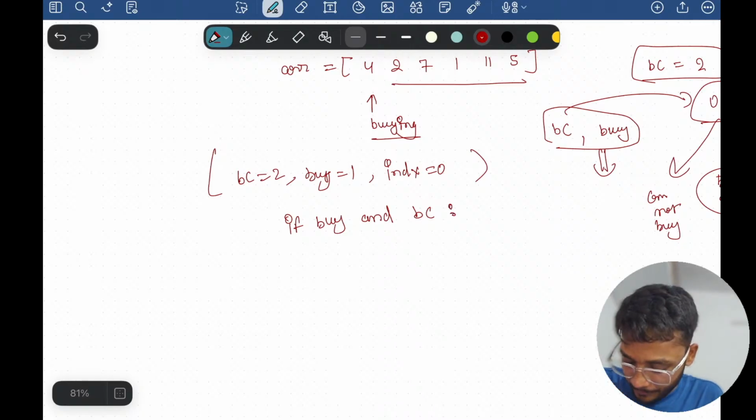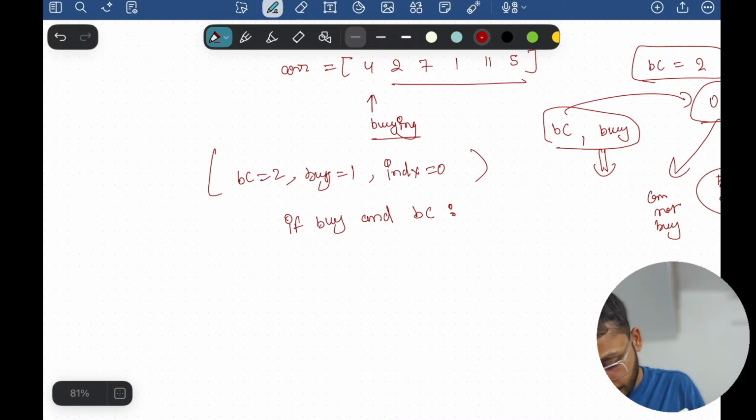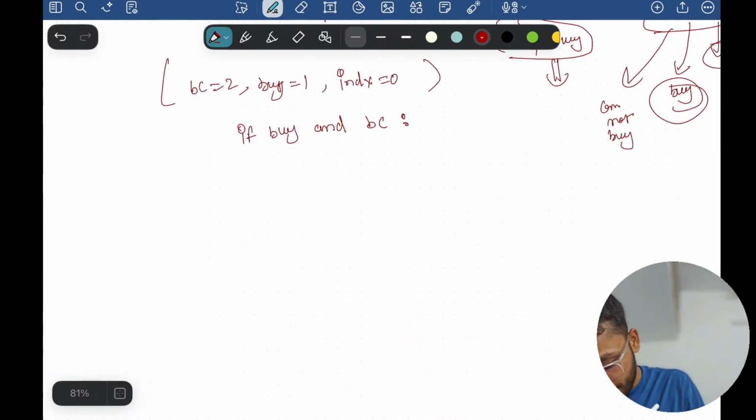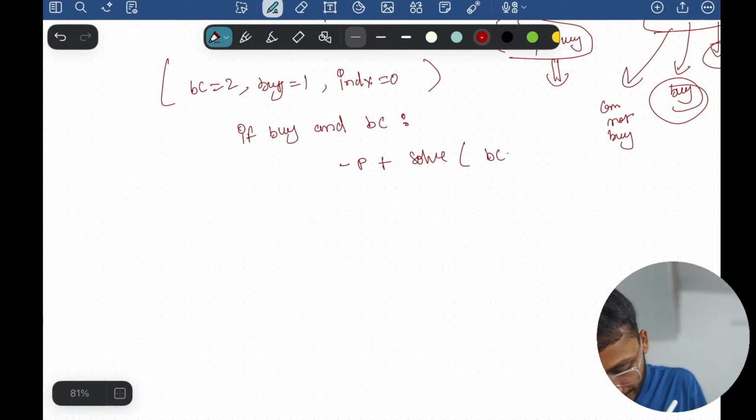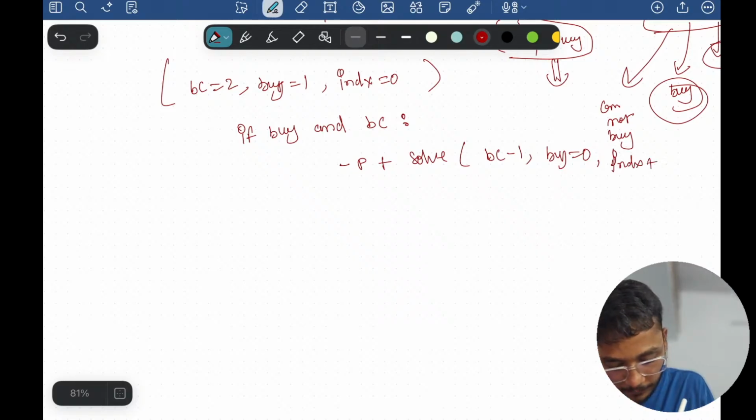If buy and BC, that means you have BC count and the value is buy. So you have two options, you can buy it or not buy it. If you buy, then you will make profit, I mean you will make minus P plus solve, and here BC minus 1, buy count will become lesser by 1 and buy will become 0 and idx plus 1.